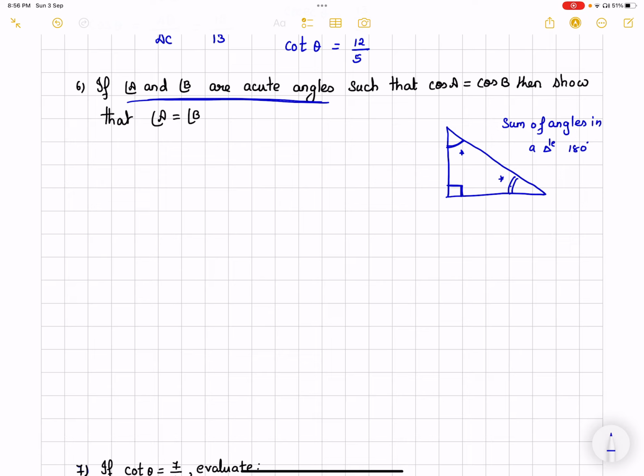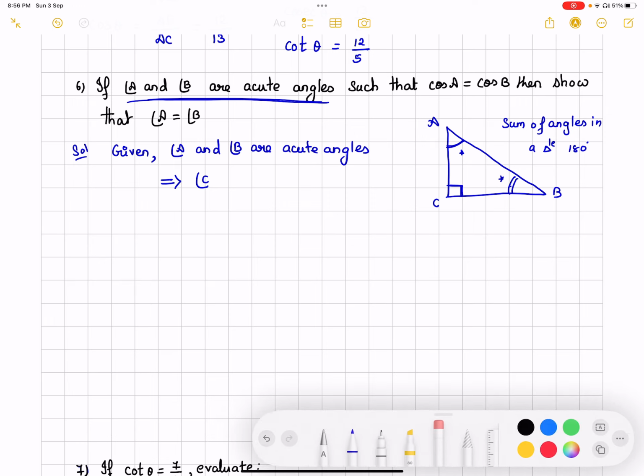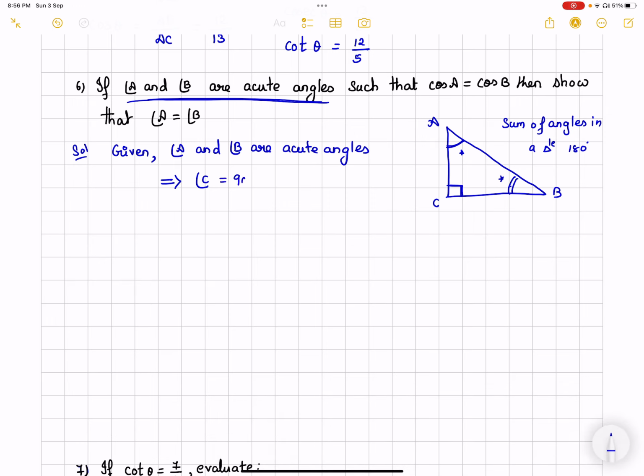Now they gave me that angle A and angle B are acute. So let me consider the triangle A, B, and then C. As per my problem, given angle A and angle B are acute angles, this implies that angle C is equal to 90 degrees.